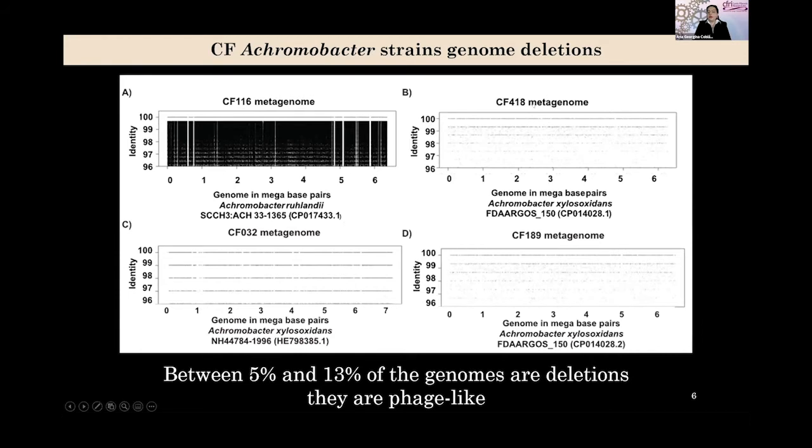And in the case of the other three patients, the closest reference genome was the same, for example for these two patients, but the regions that are excised are different. So this is telling us about unique adaptations inside each one of the patient's microbes. And all these deletions, as we talked about, look like phages. They have either a lot of hypothetical proteins or phage-related proteins.